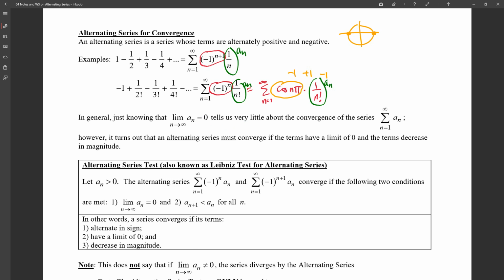Now, the alternating series test is kind of interesting because it's useful if you have an alternating series.